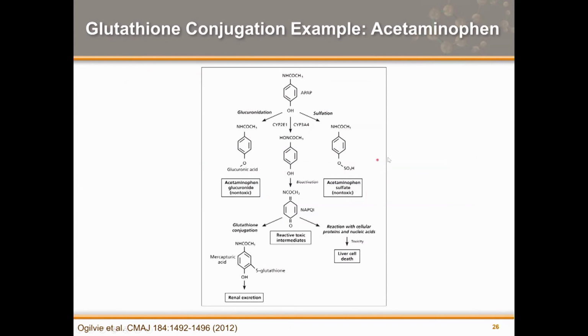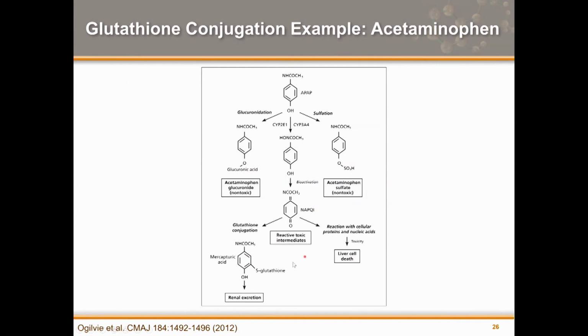A very minor pathway of acetaminophen metabolism is by cytochrome P450 2E1 with some contribution from CYP3A4 to form, eventually, this reactive metabolite NAPQI.